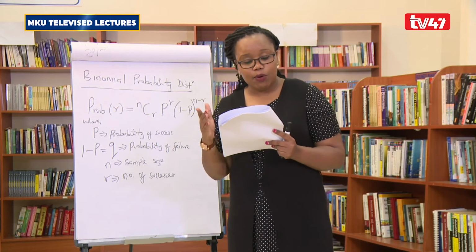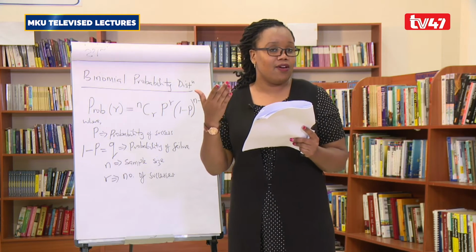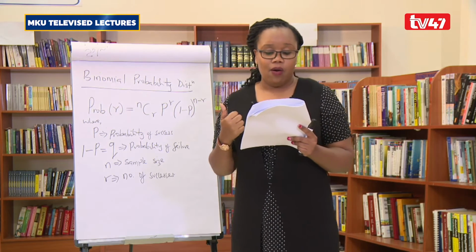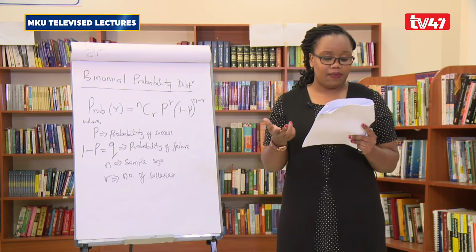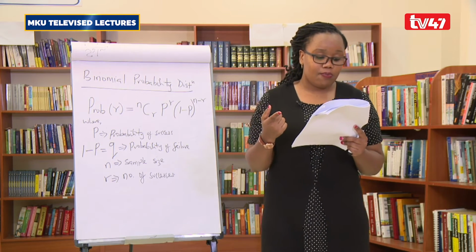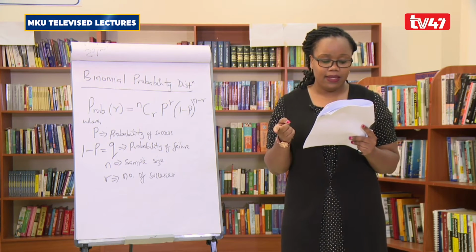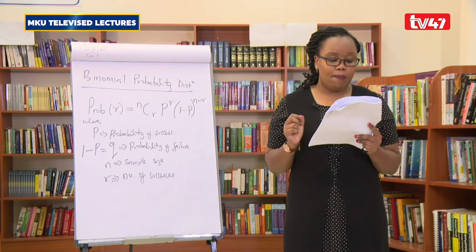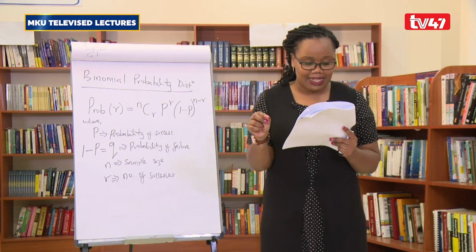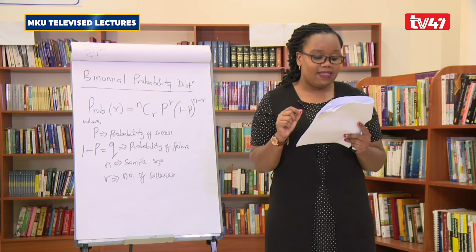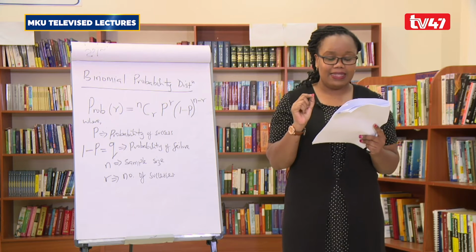A sample of 6 people was later taken and examined for the disease. We have several probabilities that we want to calculate. Number 1, find the probability only one person had the disease. Number 2, find the probability exactly 2 people had the disease. And number 3, find the probability that at most 2 people had the disease.